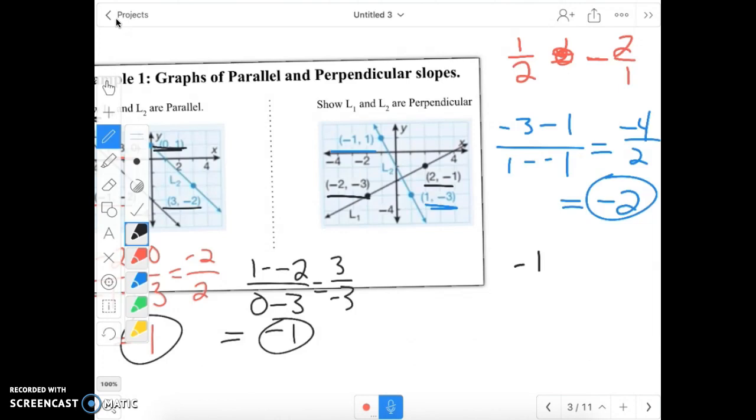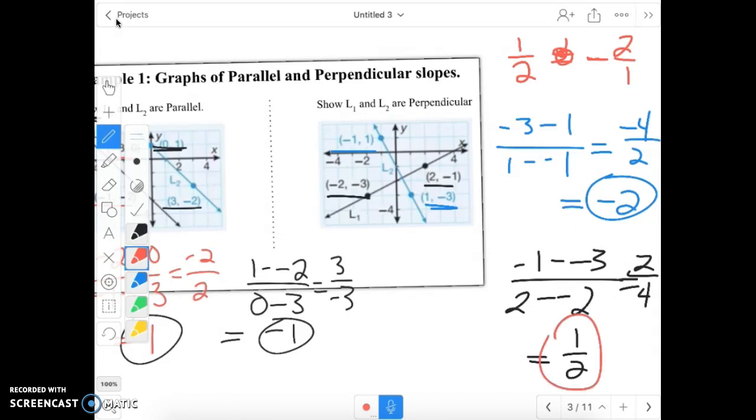And then we have negative 1 minus negative 3 over 2 minus negative 2. For that top part, we get 2 over 4. If we reduce that, we get positive 1/2. So same example I just used, which is kind of a coincidence, but they're opposite reciprocals of one another.